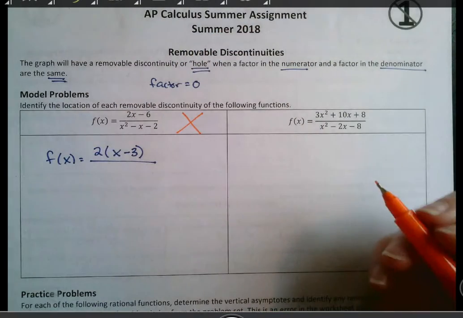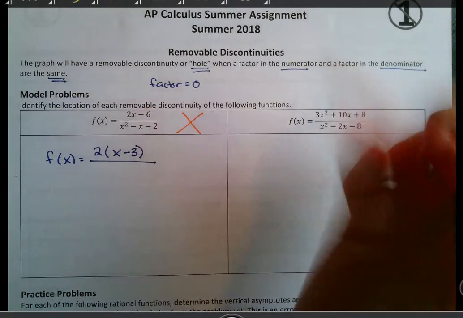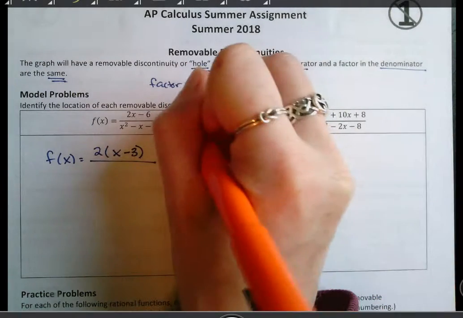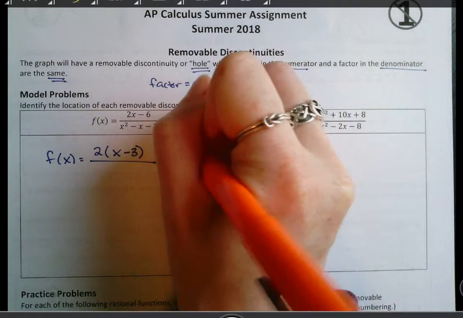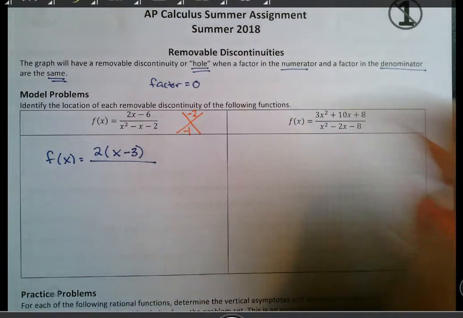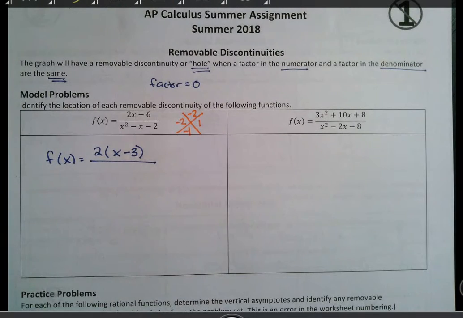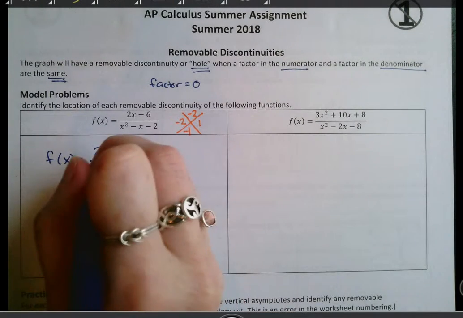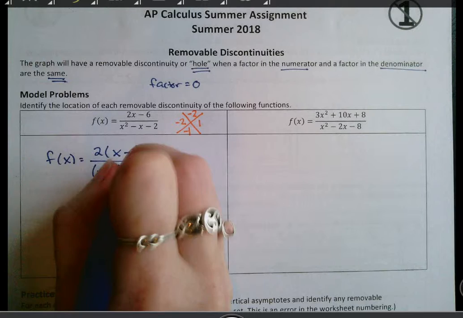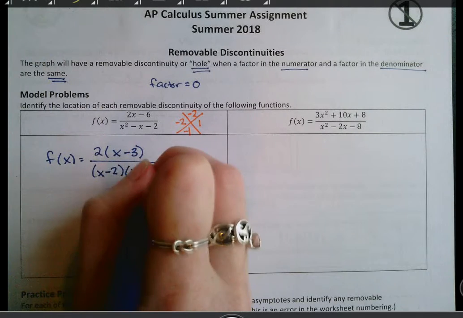I'm trying to use the x box because I think that's how you guys learned it. So here we're saying, what multiplies to a negative 2 but adds to a negative 1? Well, it's going to be a negative 2 times 1. So down below we're going to fill in those factors, x minus 2 and x plus 1.